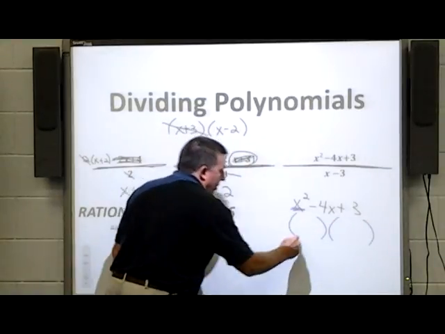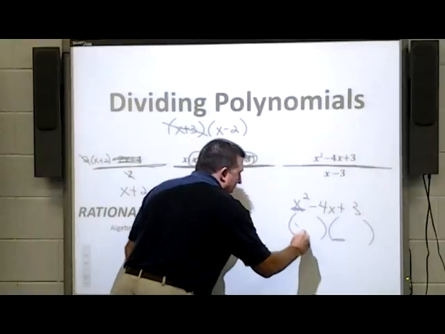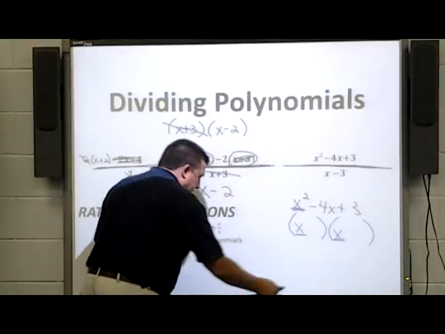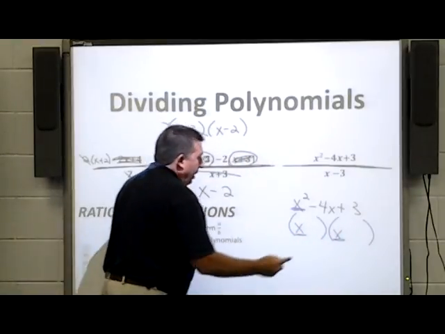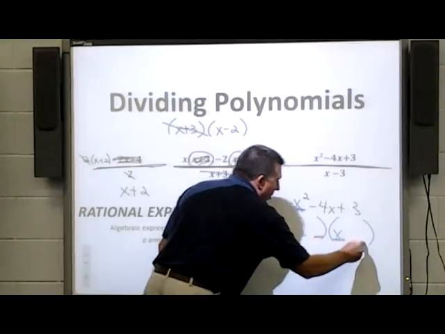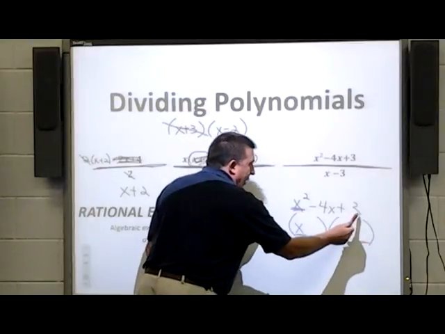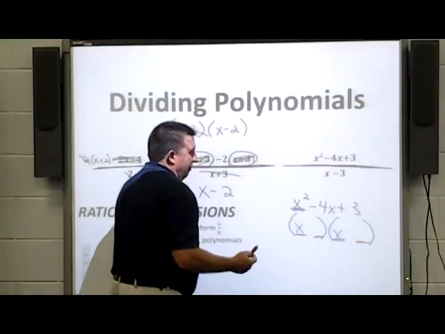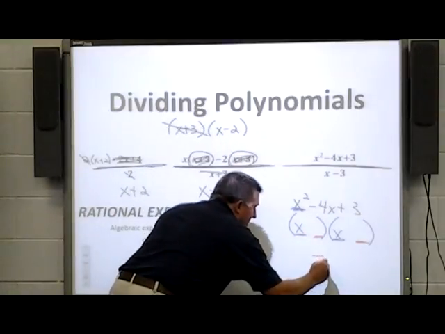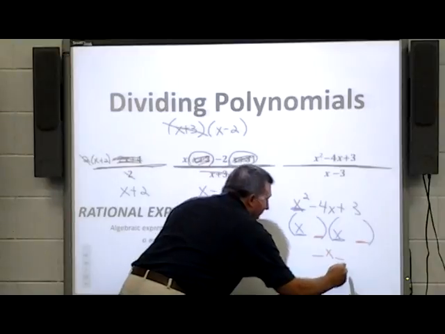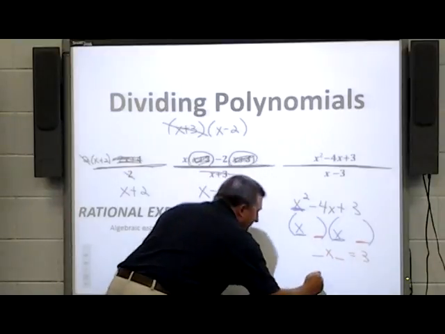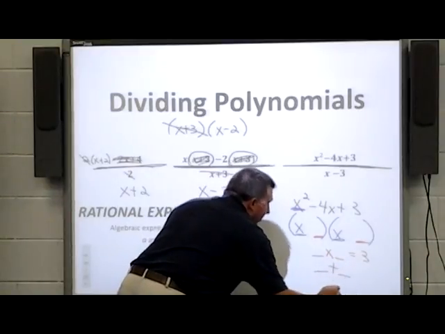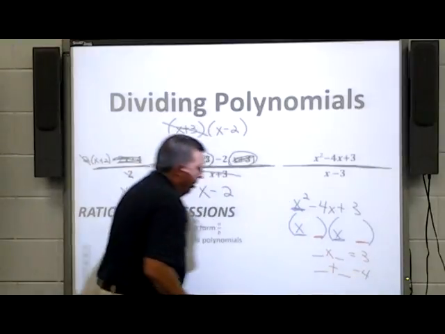The only way to get x squared is x times x. Again, these two terms have to multiply to positive 3 and at the same time add up to give me negative 4. So I've got to come up with two numbers that multiply to give me 3, and at the same time they have to add together and give me negative 4.